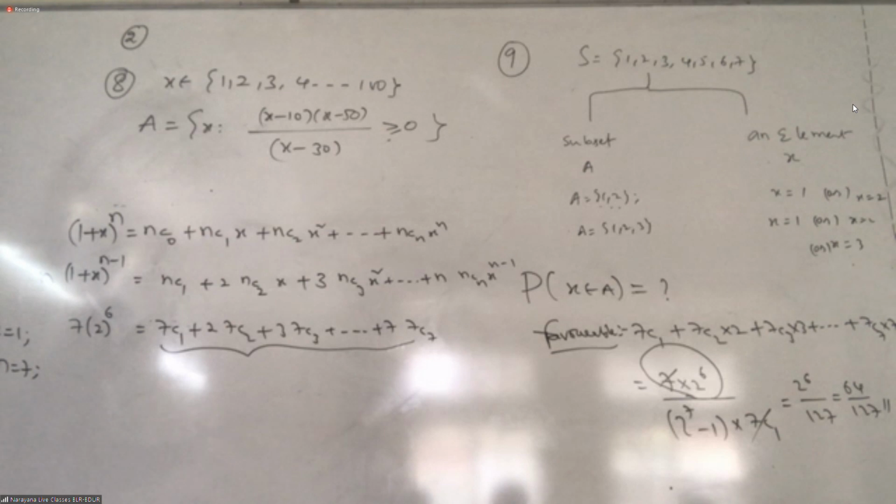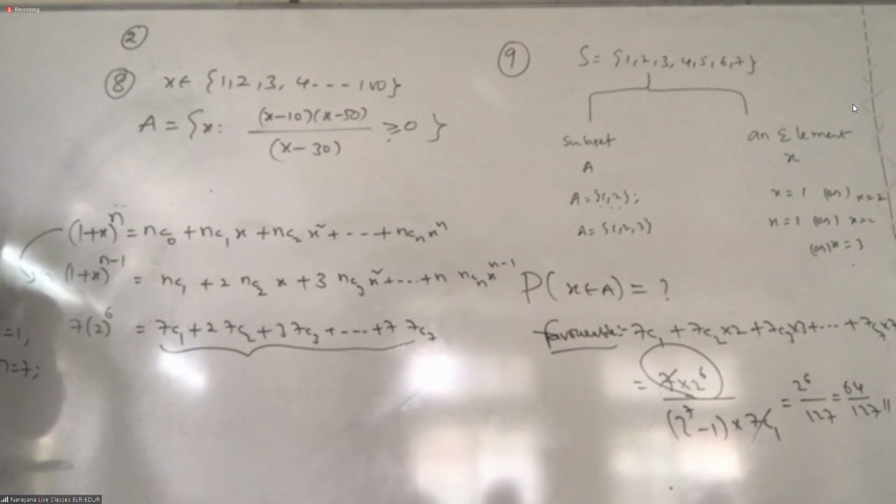12th one. A number n is randomly selected from the set which contains 1, 2, 3 up to n. The probability that summation i equal to 1 to n of i square divided by i is an integer. So n is from 1 to 1000. Yes, I have written this one.